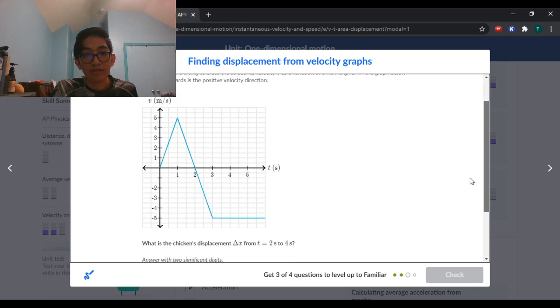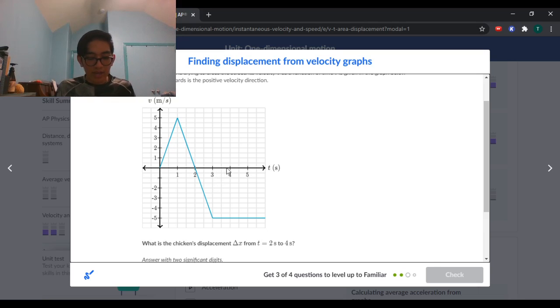Ooh, so we have the chicken's displacement at 2 to 4 seconds. What we have here is something called a trapezoid. The bottom base from here to here, that's 2. The vertical distance is 5, -5 to be specific, and the distance from here to here is 1.